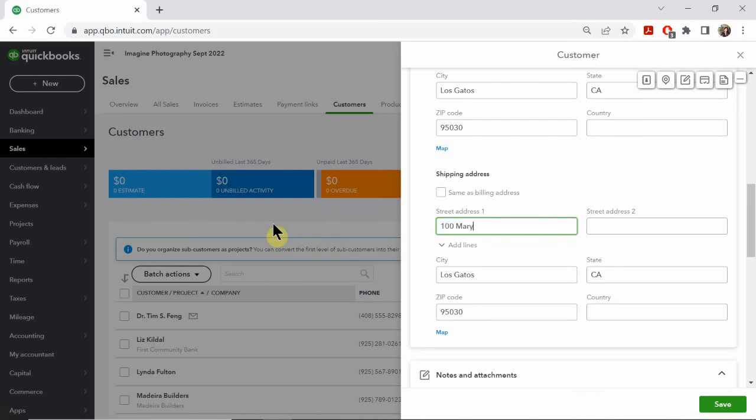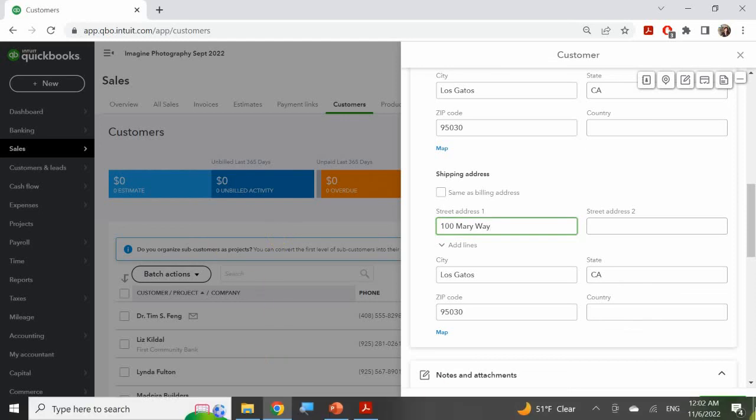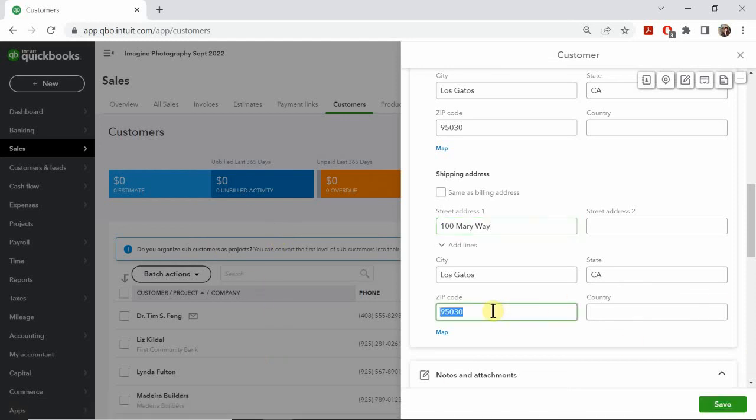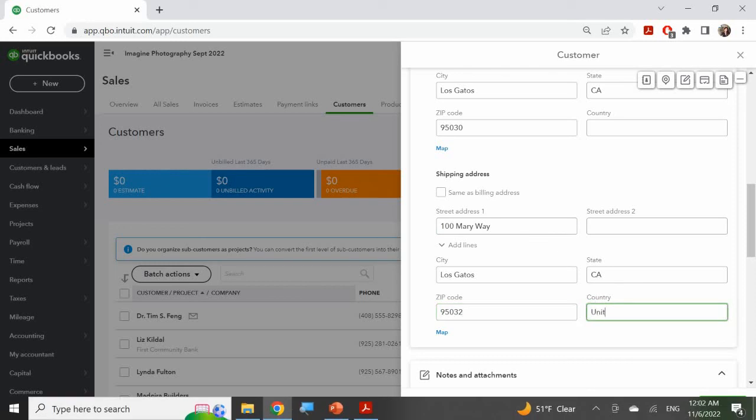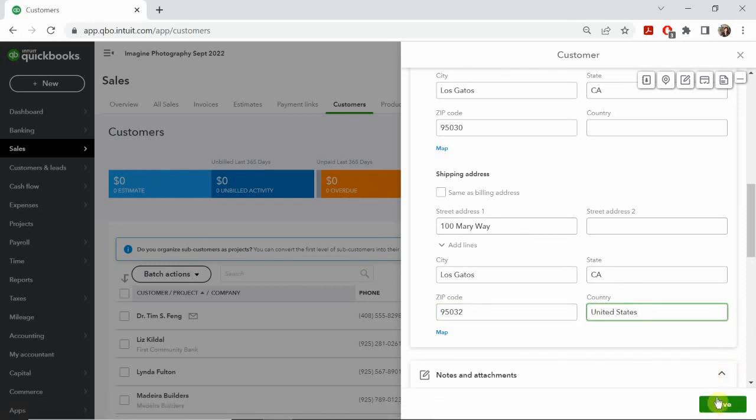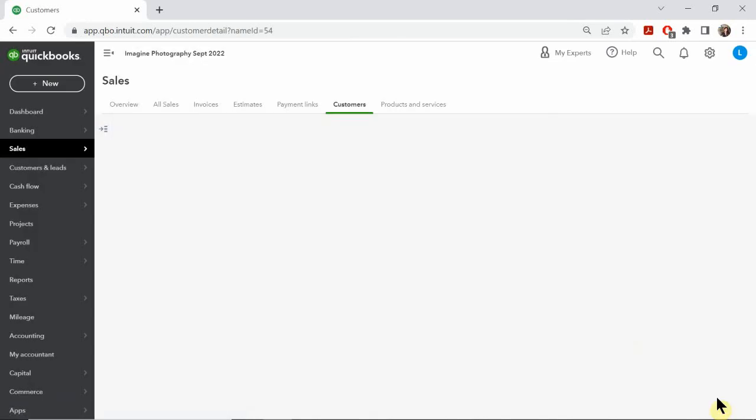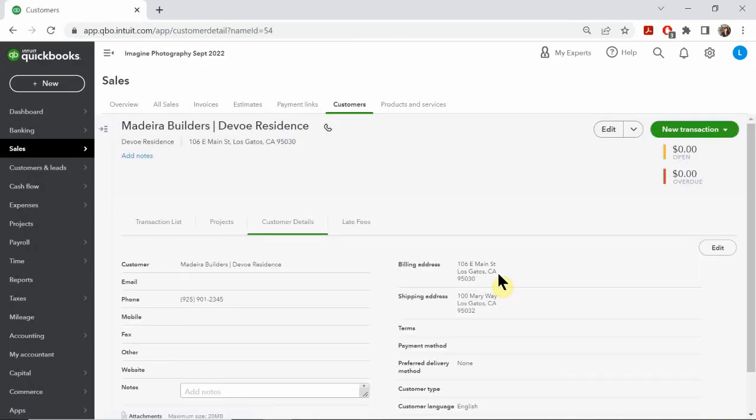100 Mary Way, Los Gatos. Okay, and that should be good enough for that one. And then I'm going to do one more here since this is going to be rinse and repeat.